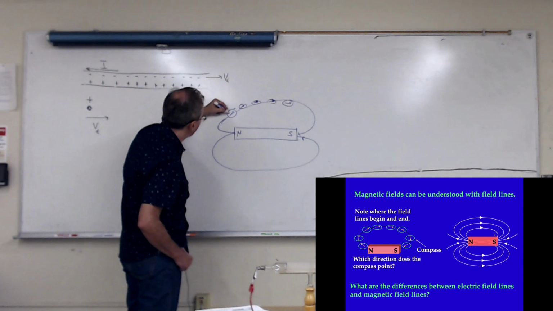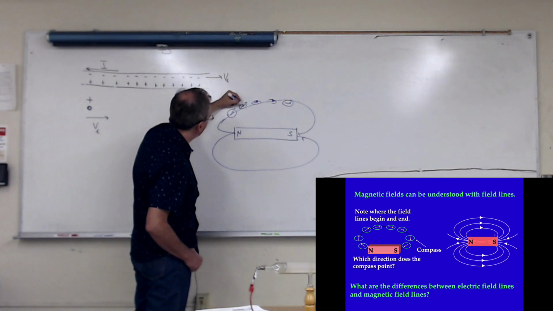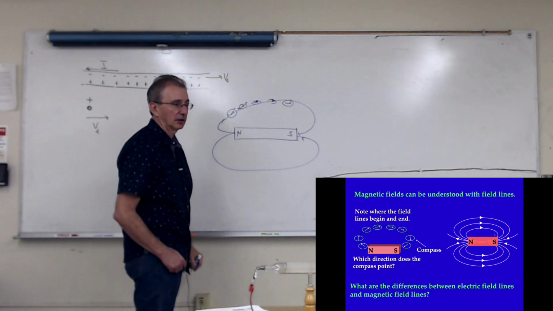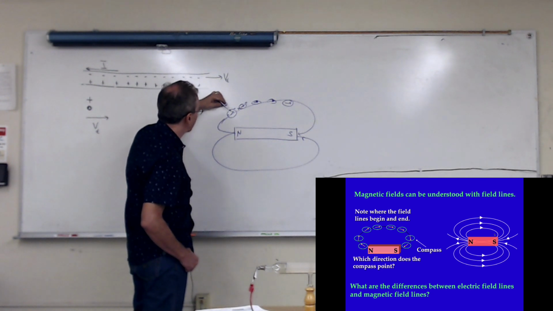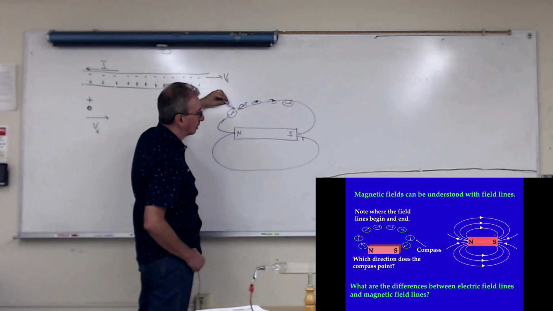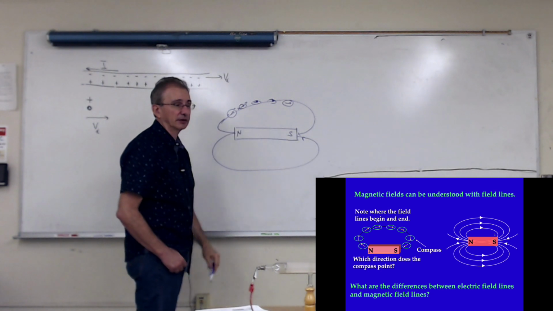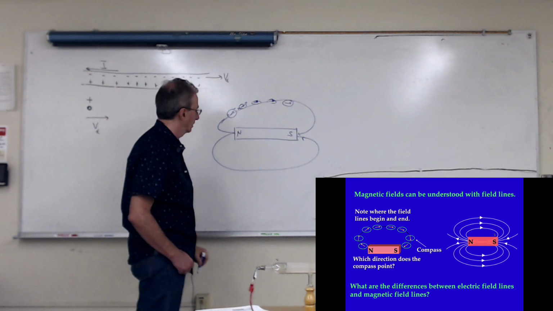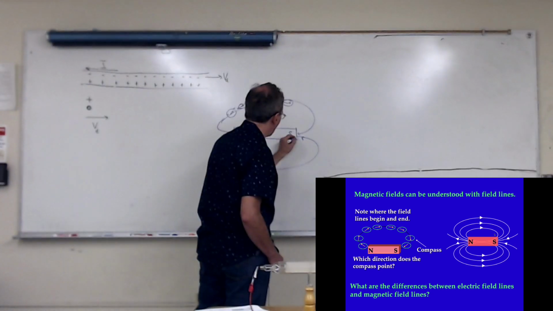This is the north pole of the compass, the south pole of the compass, the north pole of the compass, the south pole, okay? And so the compass will align such that its north pole aligns towards the south pole of the magnet. The field lines do this. They form closed loops.